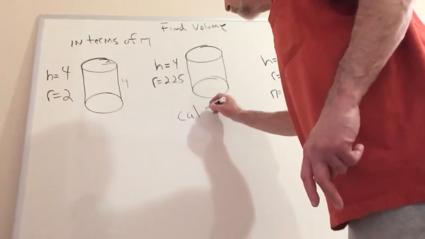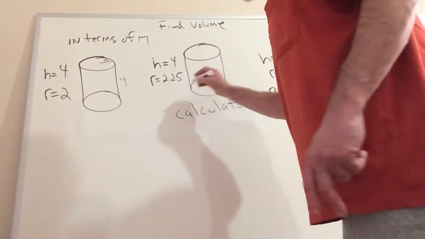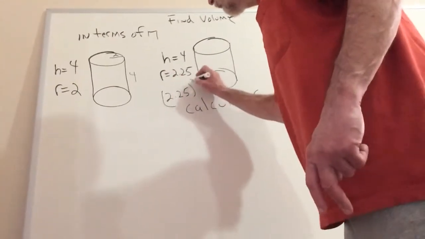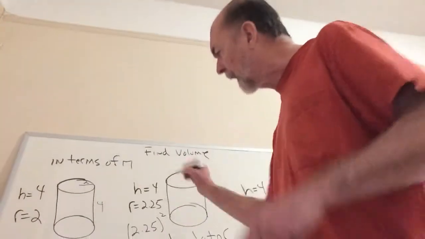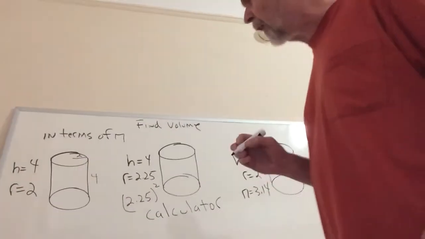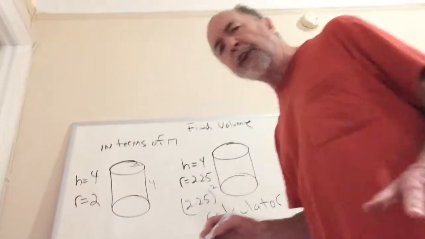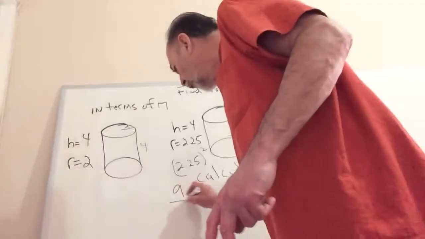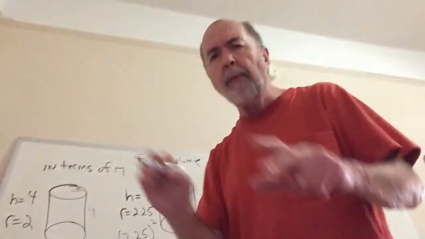Maybe it's in terms of pi, but if you think about it, 2.25 squared is too much math for us. It's too much trouble to calculate 225 squared, or if we put it into a fraction, it would turn out to be the same thing. 9 over 4 squared. It ends up being a big number, too much trouble.